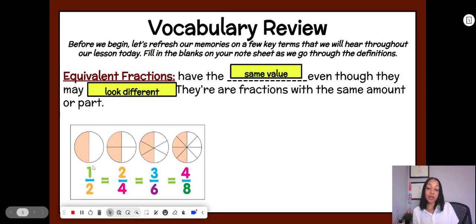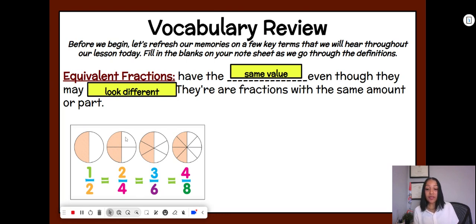In fraction circle number 1, we see that 1 piece is shaded in, or 1/2 of the circle. In the second circle, we see 2/4 shaded in, or 2 pieces of the circle shaded in. However, when we look closely, even though we see 1 piece shaded in this circle and 2 pieces shaded in this circle, the same amount is shaded in.